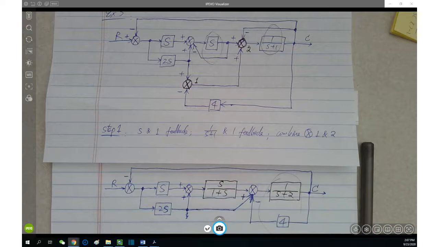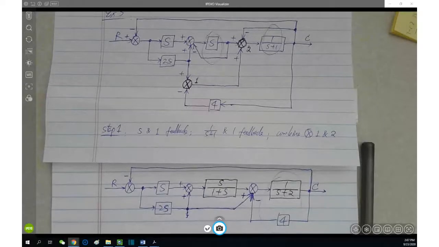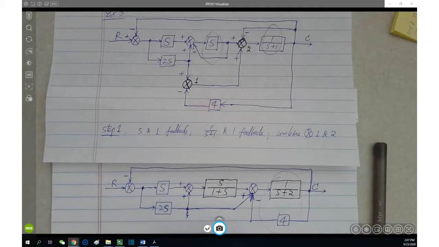Anything else? The answer is no. No other clear basic ones. You can't do anything else. Obviously, we do this feedback combination, no problem.